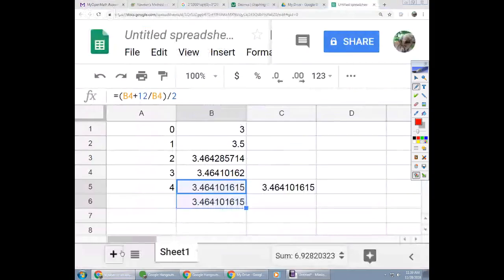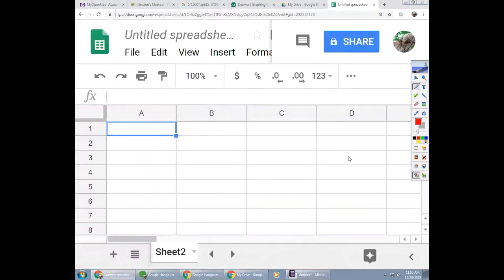So if I take 17 over 12 and I square it and then I subtract 2, I should get a number that's pretty close to 0, 1 or 2 decimal places from 0. If I took it out another step, I'd be even closer to 0. Okay. So Newton's method works fast.